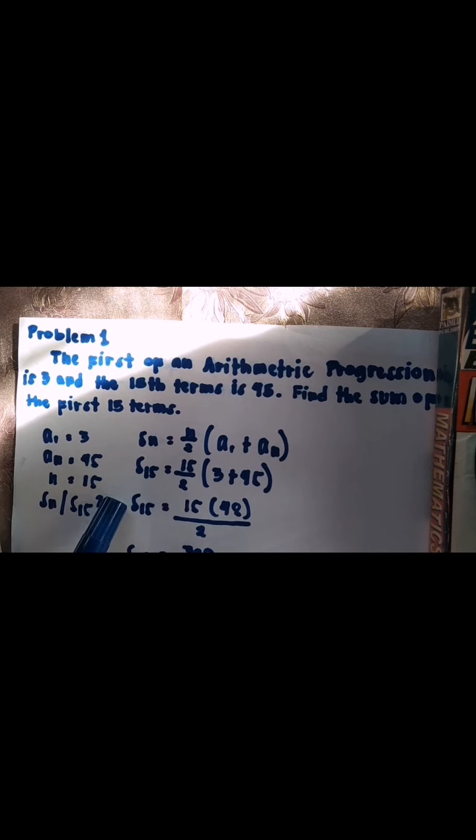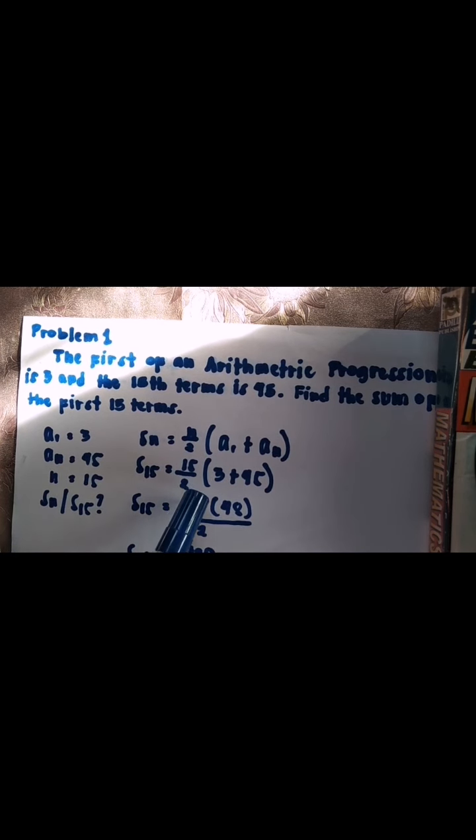The sum of 15 terms equals 15 over 2 times the first term, 3, plus the last term, 45.